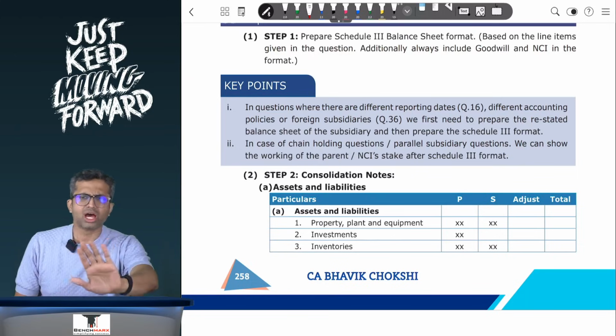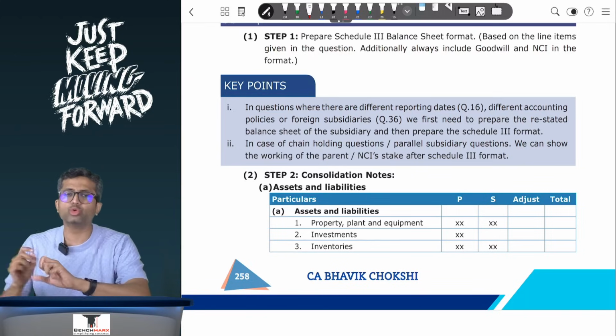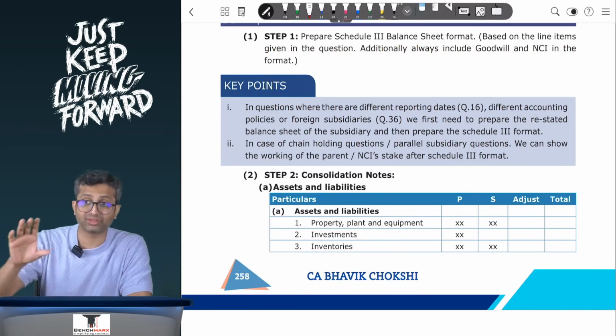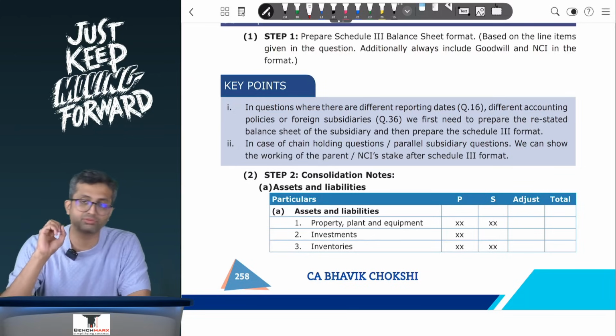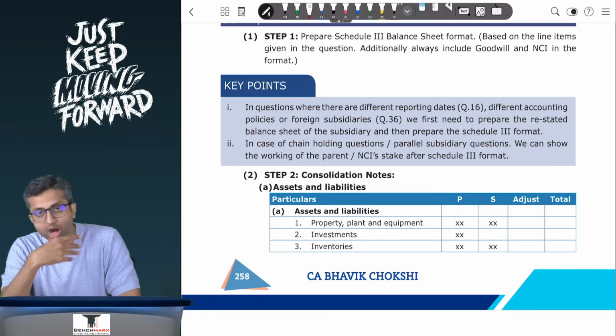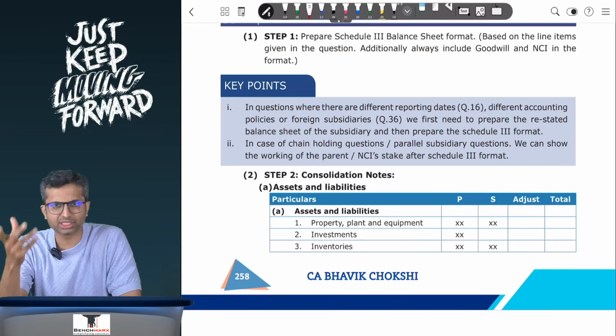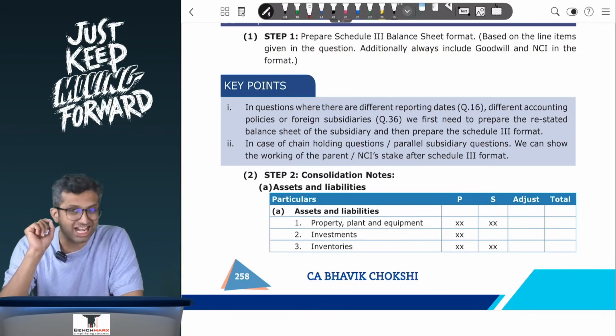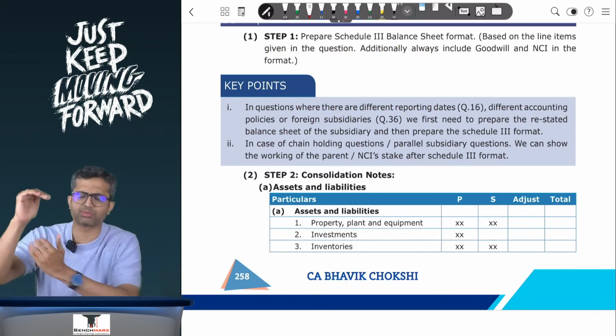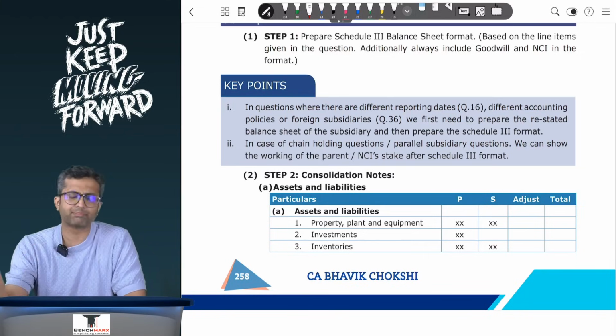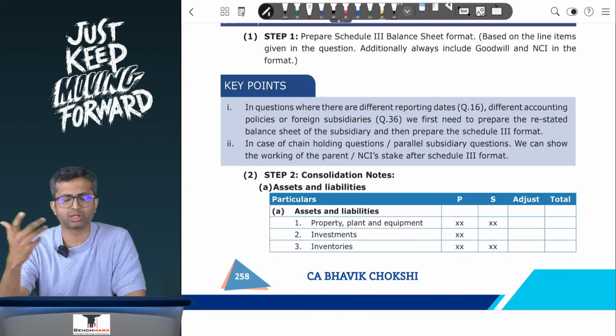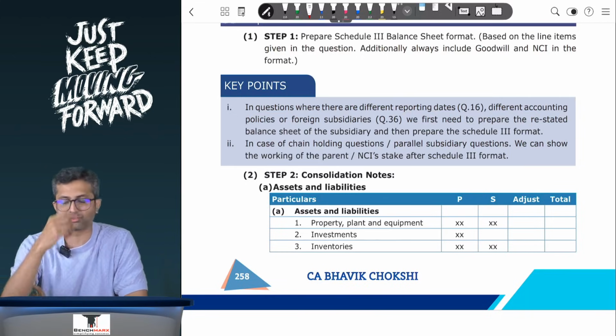The other method is, rather than looking at the market value of the share of the subsidiary, you can say that we are taking over 100% of the assets and liabilities of the subsidiary, and let us say the net assets, after taking all assets minus liabilities, come to, for example, 40,000.